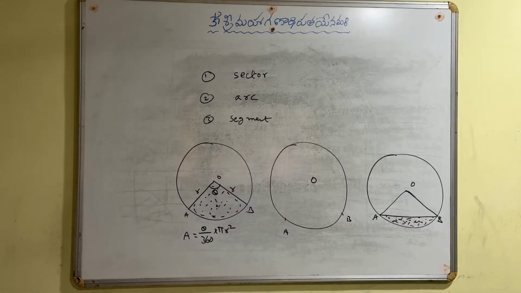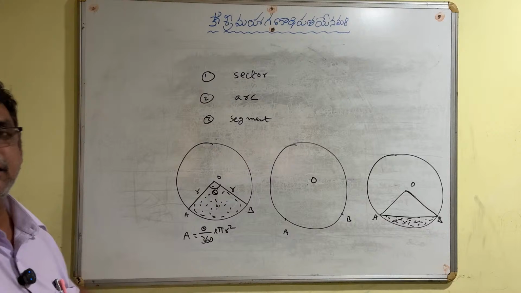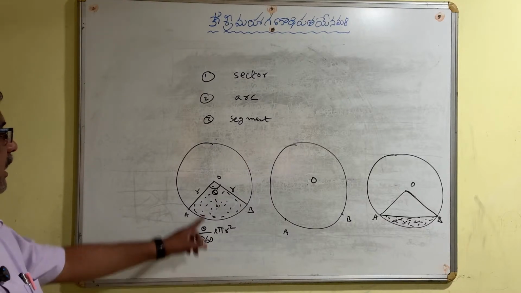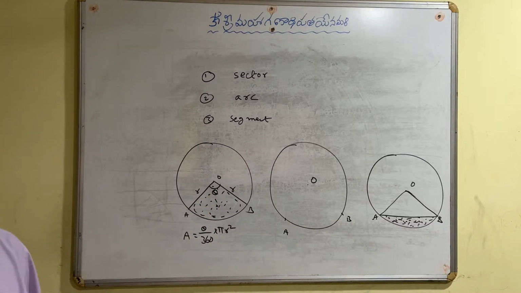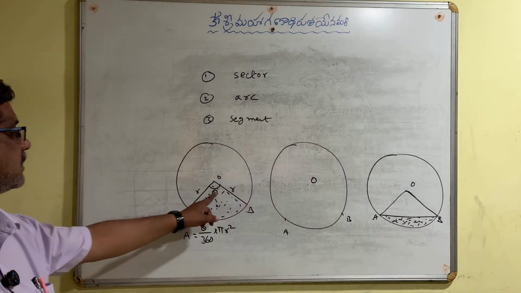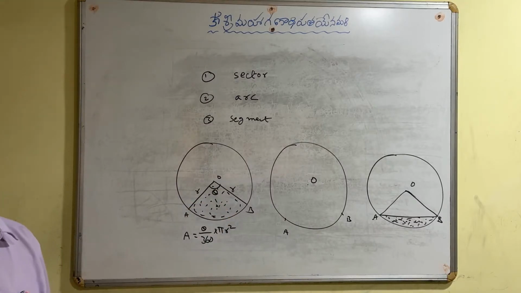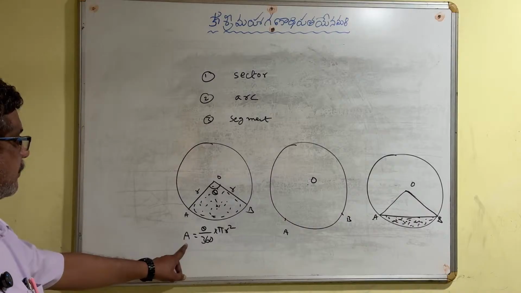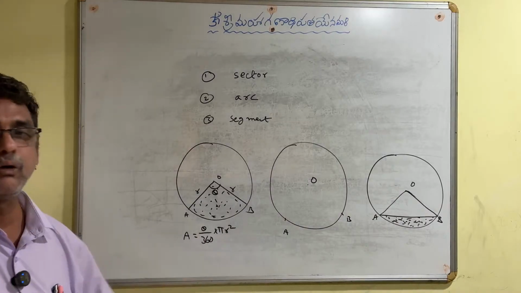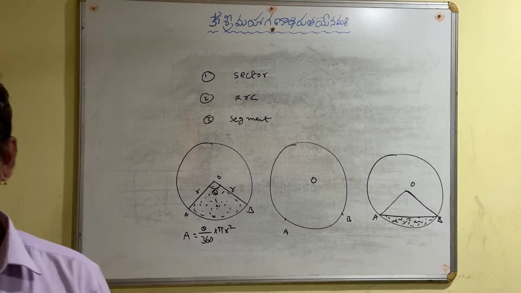When we know the radius and the sector angle, we can find its area by using the formula theta by 360 into pi r square.